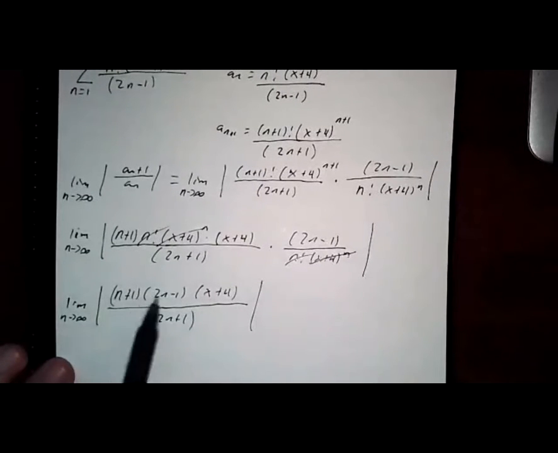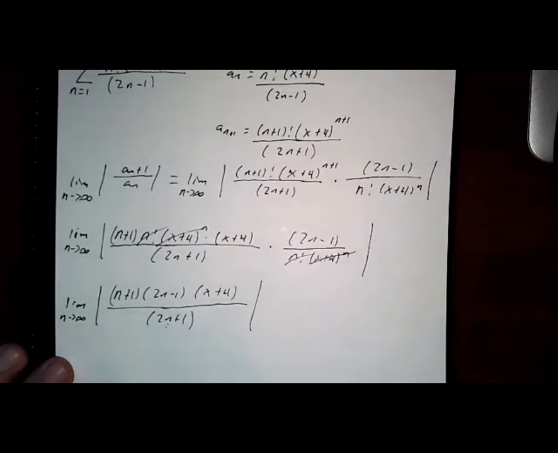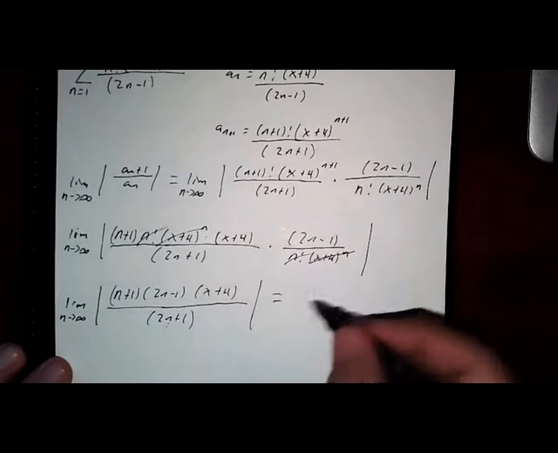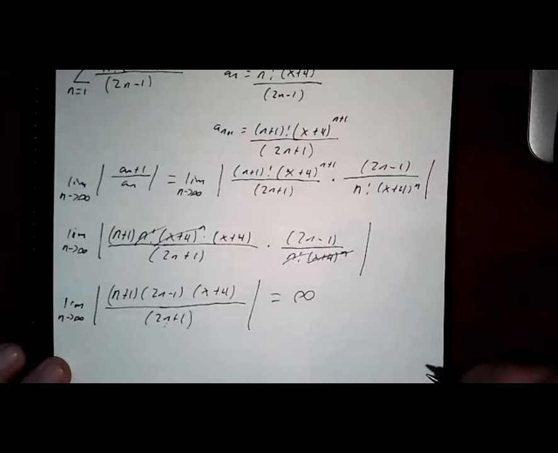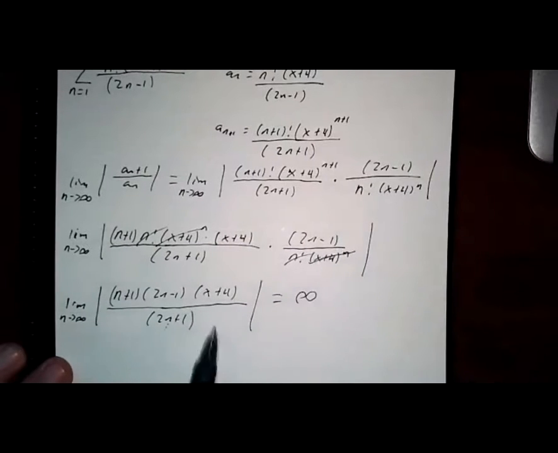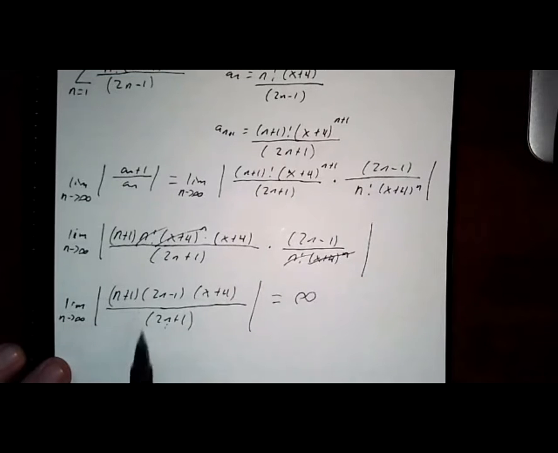You can tell that this limit is going to go to infinity, right? Because this is 1 degree bigger than this guy, right? Yeah, this is where I got stuck. So this is an infinite limit. But you have an x plus 4 here. So this can dictate what happens to the rest of this nonsense, but only when x is equal to negative 4.